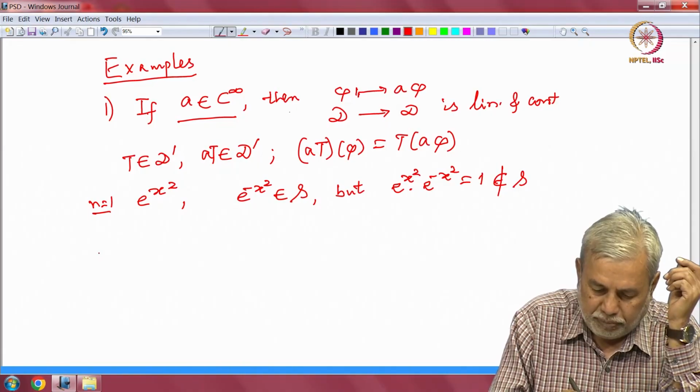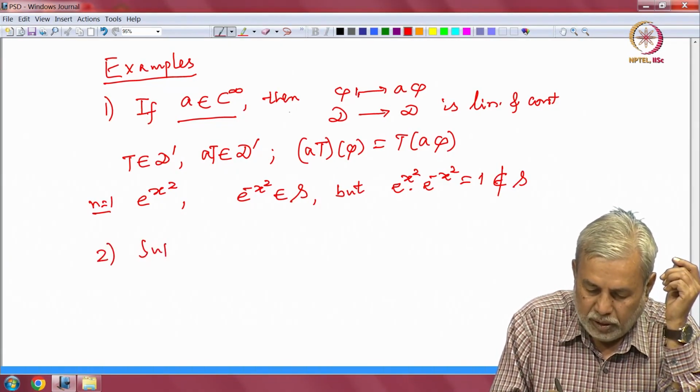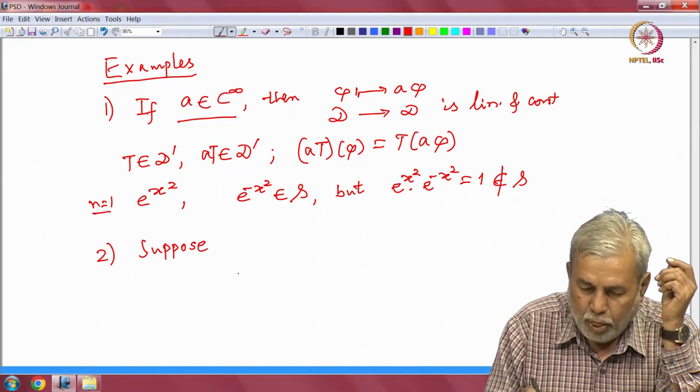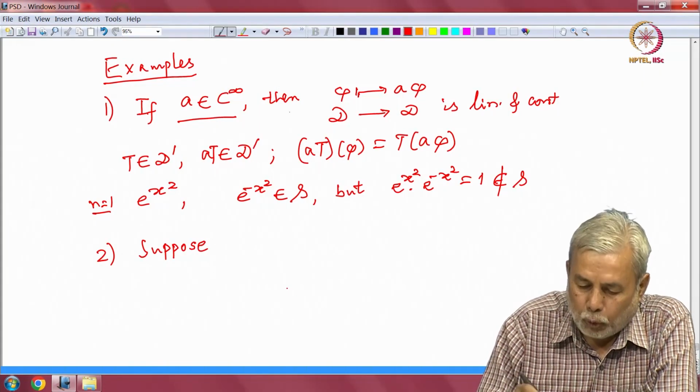So suppose, these functions are also sometimes called functions with slow growth.